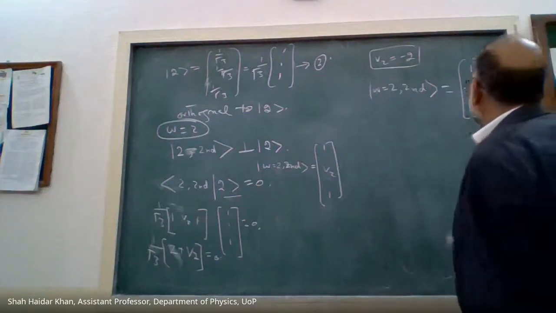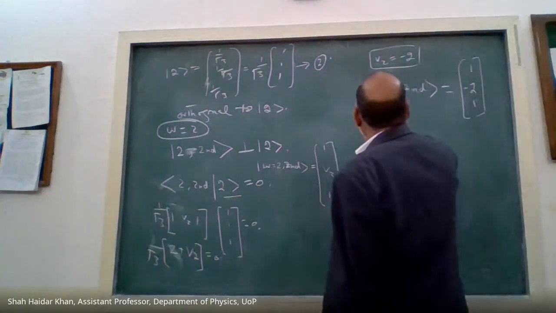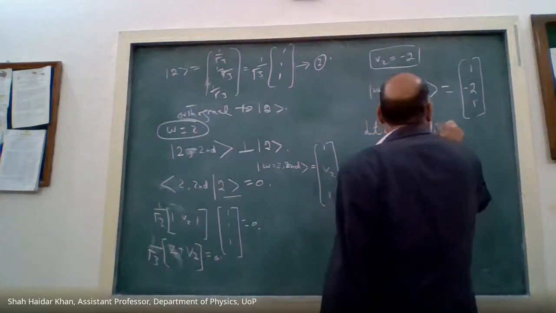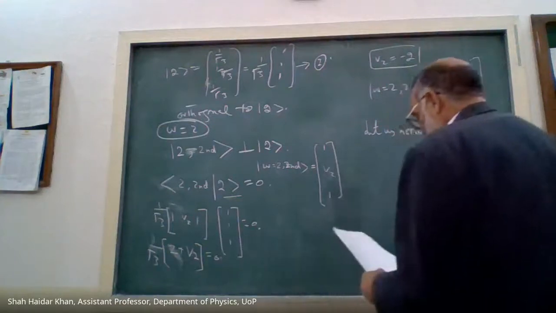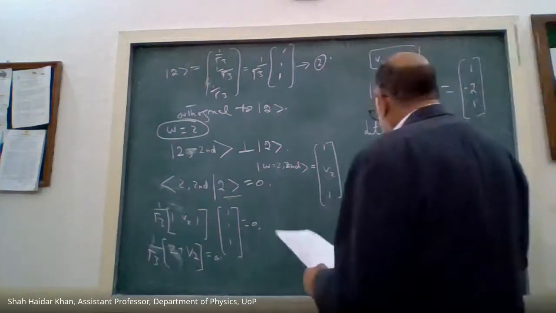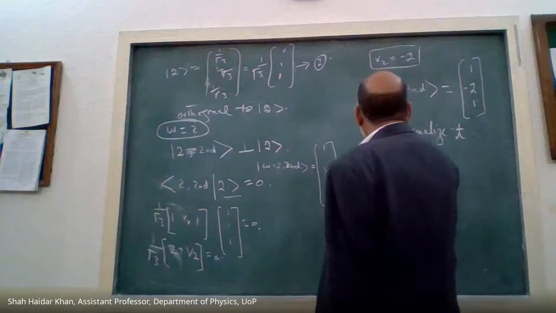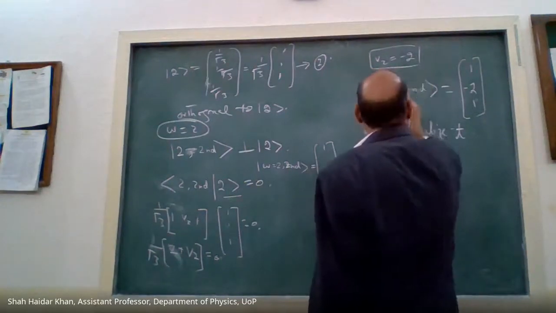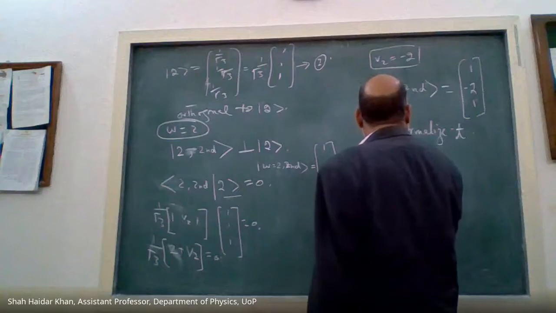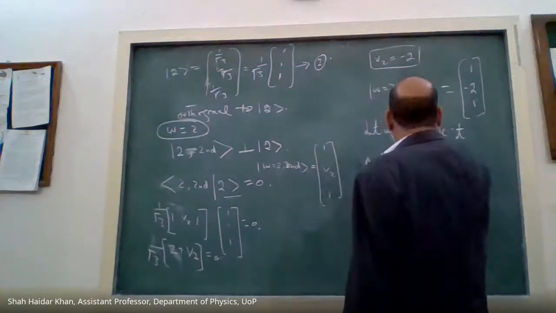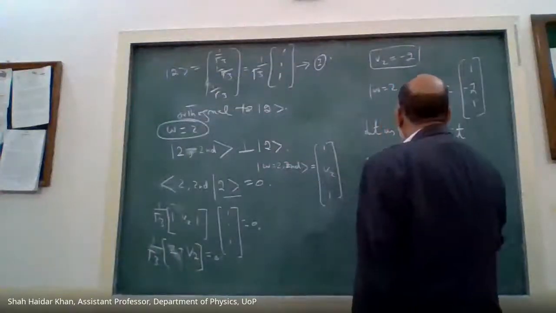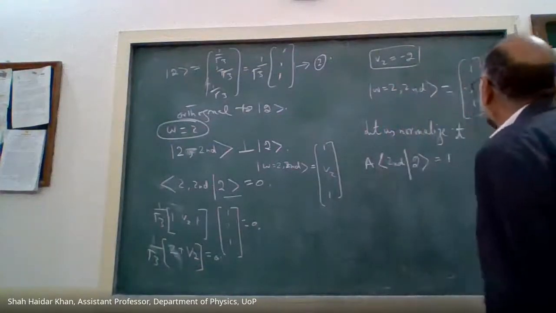Now, let us normalize it. Right? We can write it like that. A, right? And to this vector, should I write second and the first, the 2, that is equal to 1, right?